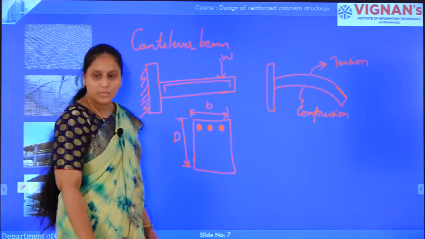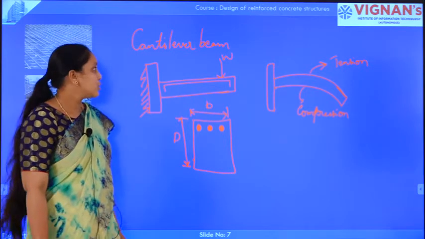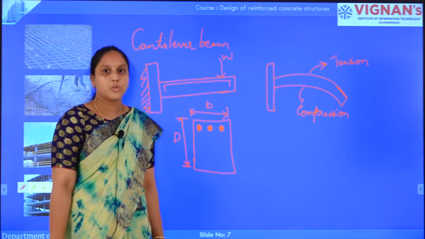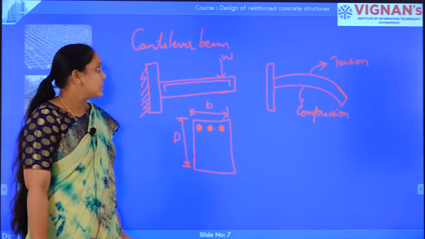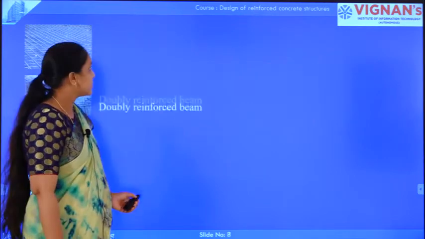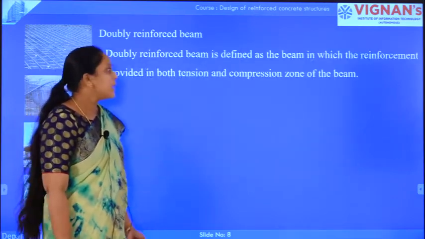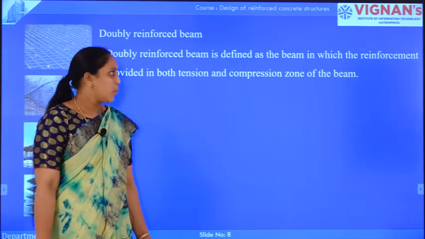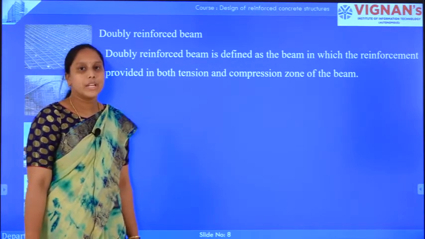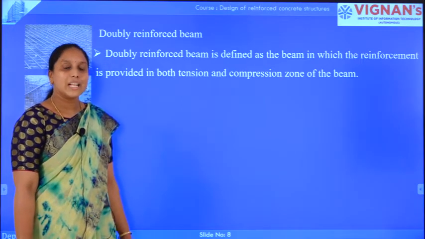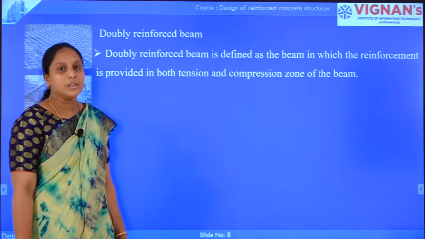Now, let us move on to the next type of beam based on the placement of reinforcement. It is a doubly reinforced beam. So, what is a doubly reinforced beam? A doubly reinforced beam is a beam in which the reinforcement is provided both in the tensile zone as well as the compression zone.